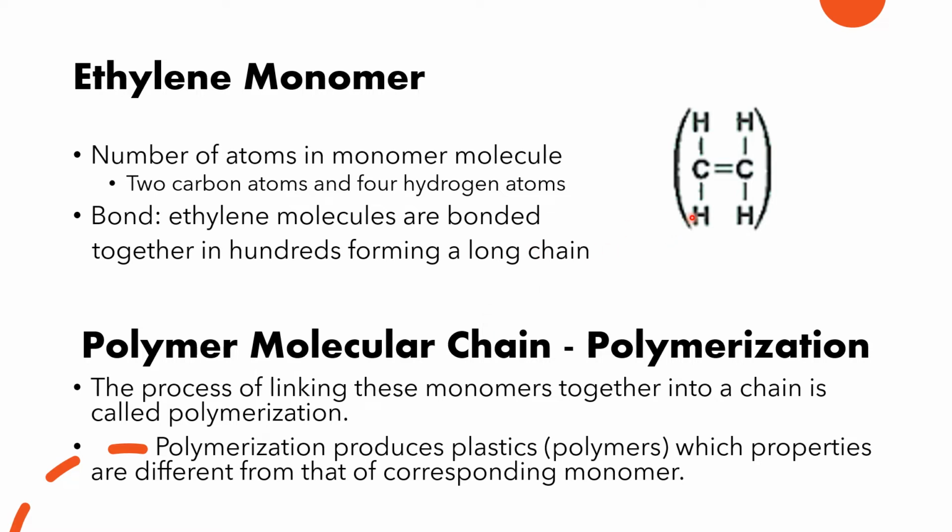Making polymer from monomers by forming a very long chain, which we call a molecular chain, is called polymerization. We use polymerization to make hundreds of monomers into a polymer molecular chain. So what is this process? This process is just linking the monomers together.